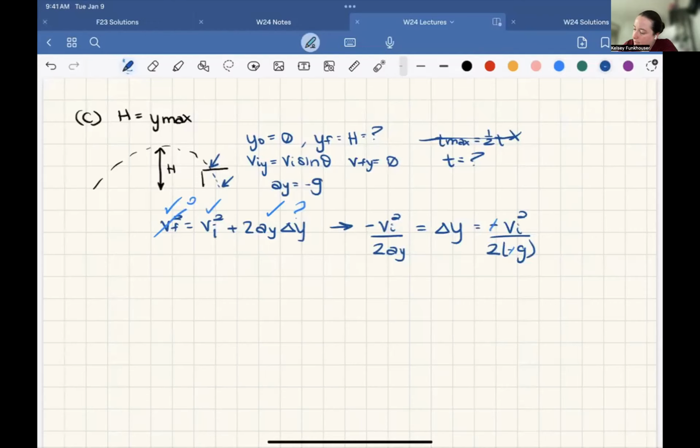And we end up with the displacement equals v initial squared over 2g. And then reminder, displacement equals y final minus y initial. Here that is h minus 0. So the displacement is actually equal to h in this case. Okay, cool. So that is the basics of that problem.